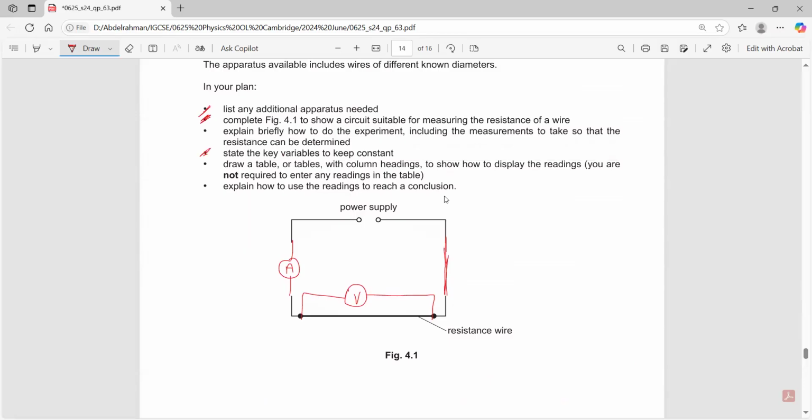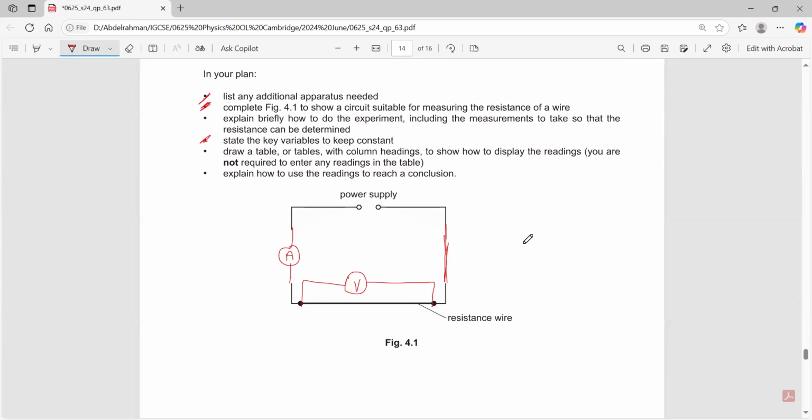Okay, the key variables. Can I write down the steps? How can I conduct this experiment?